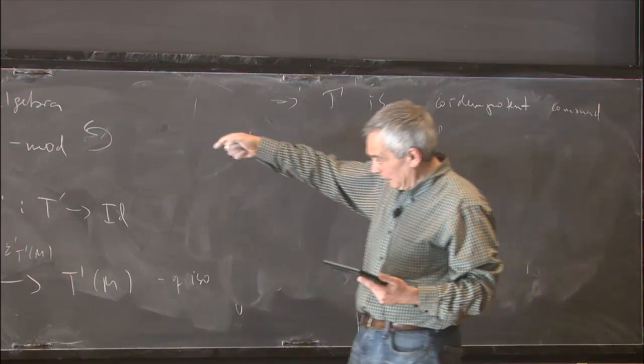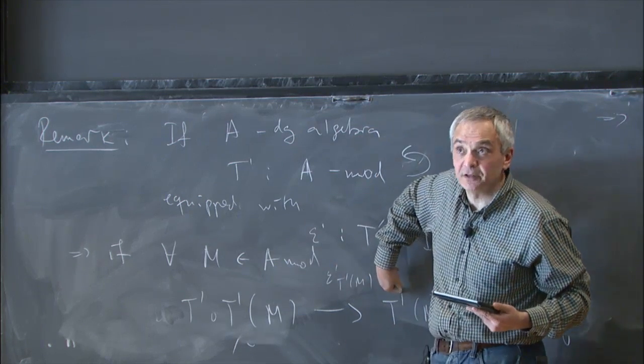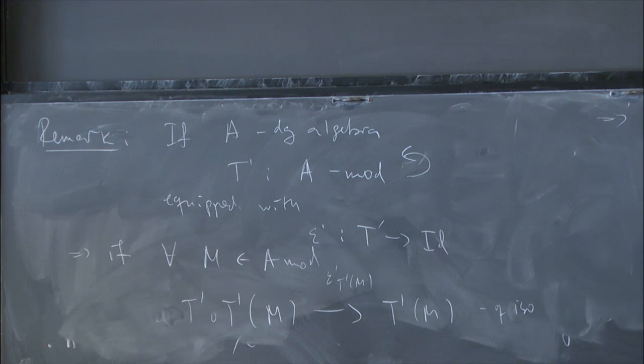So you get an isomorphism of functors from the square of this to T prime. You need to invert it. That gives you the monadic structure, and it's automatically co-associative.